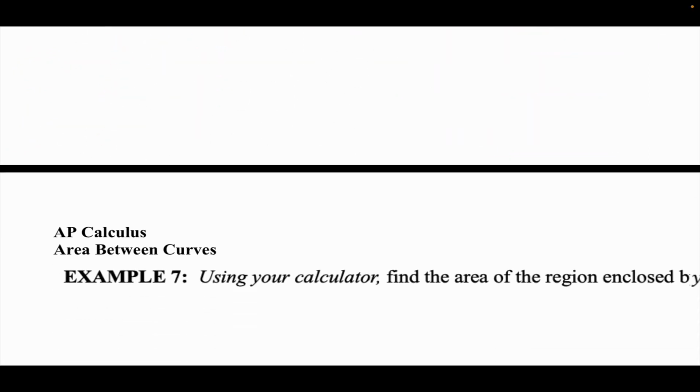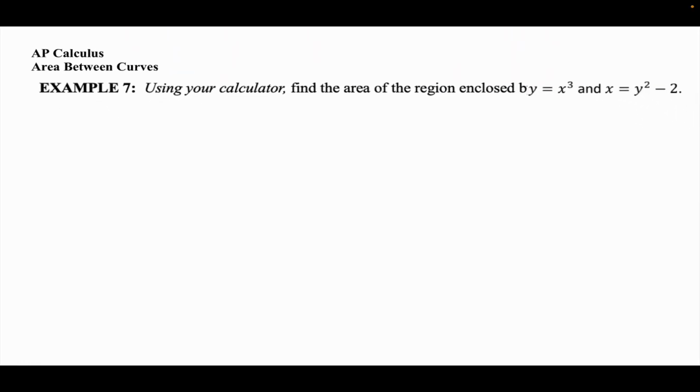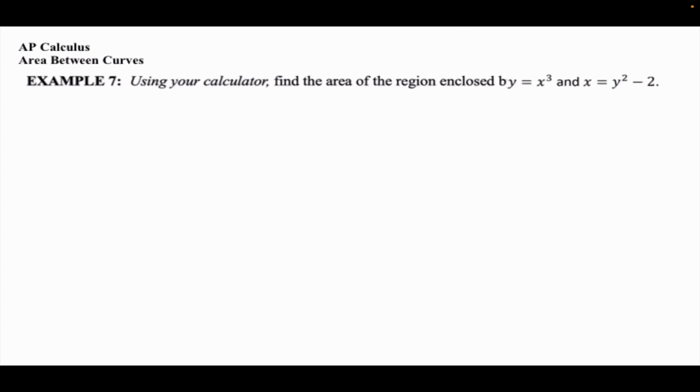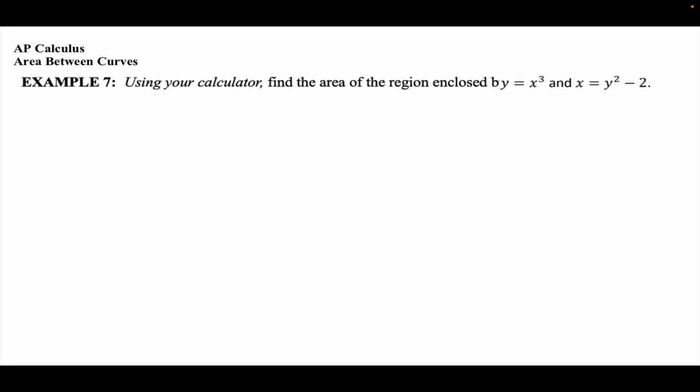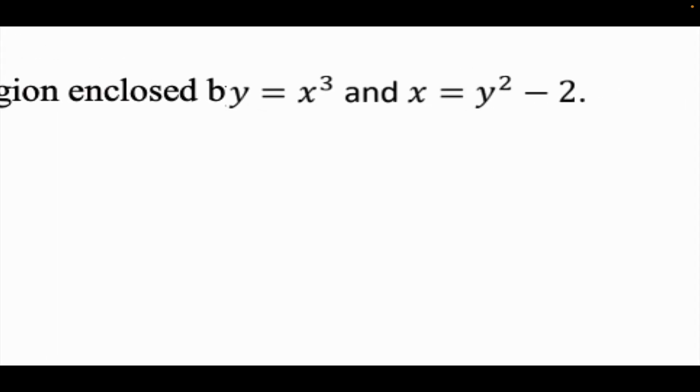Example 7. Okay, so we have to, using your calculator, find the area of the region enclosed by y equals x cubed and x equals y squared minus 2. Okay? Well, one of them's already solved for x.